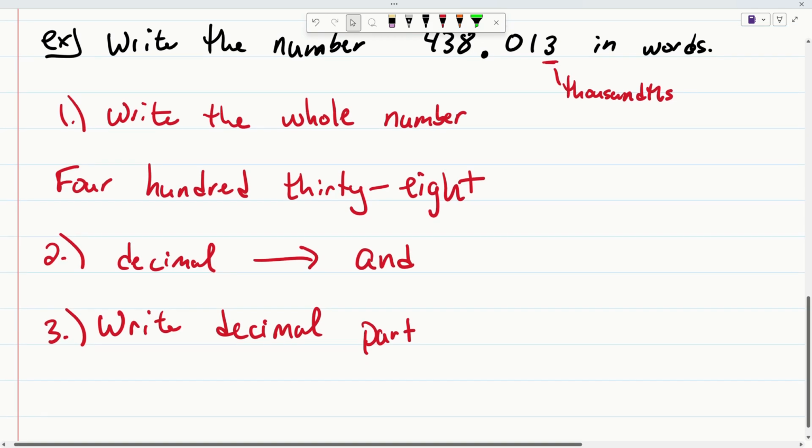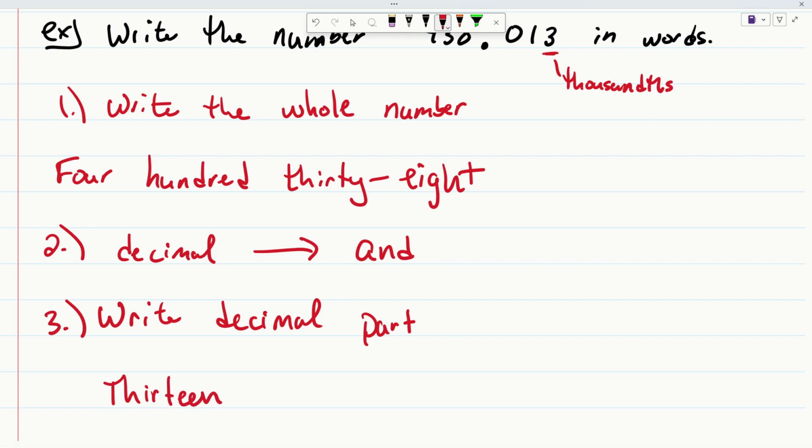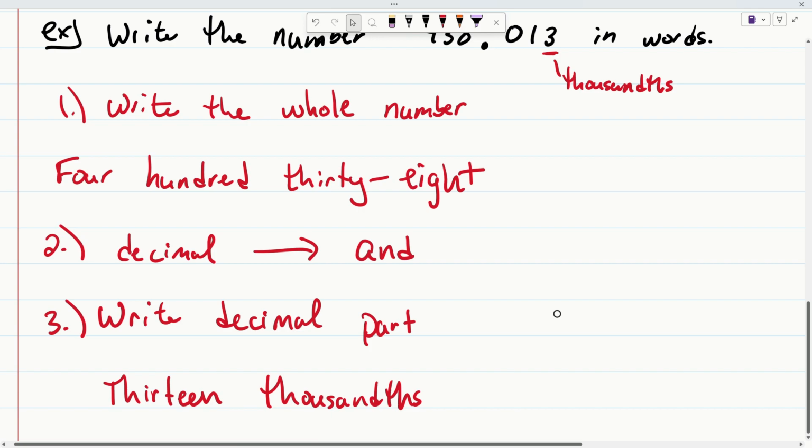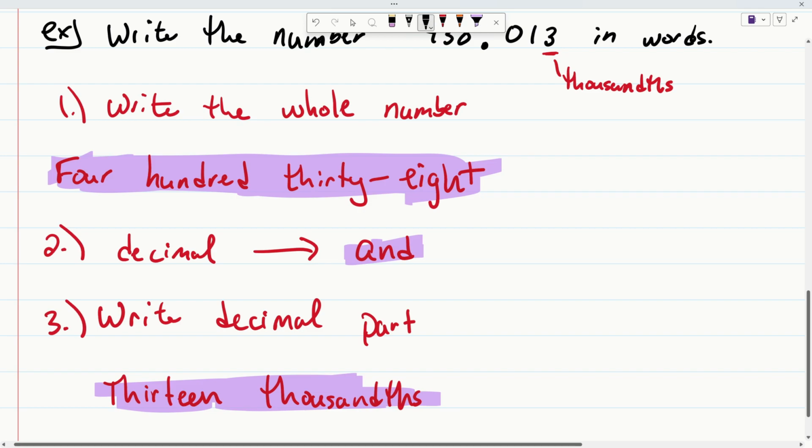And what we would just write is 13 thousandths. And what we're going to do from here is take all three of these, so 438 and 13 thousandths, and put them all together.